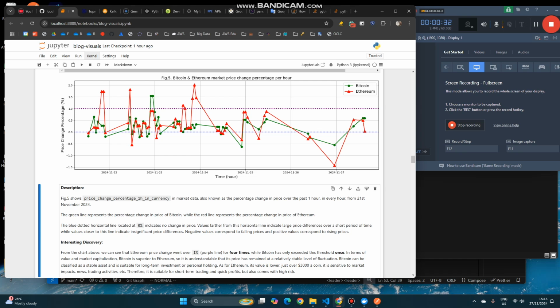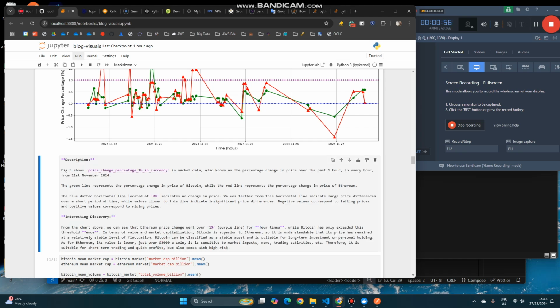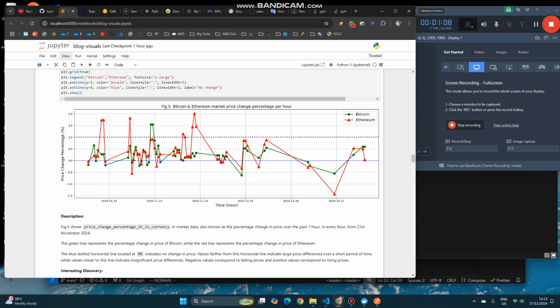There's only one time that Bitcoin went over 1% of price change, and most of the time it just stays around the blue line. This means Bitcoin is at a more stable level than Ethereum. Bitcoin can be classified as a stable asset, so it's suitable for long-term investment and personal holding, similar to gold.